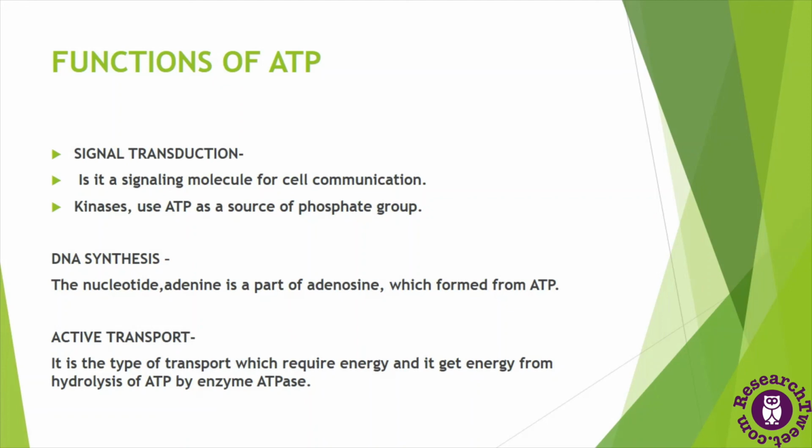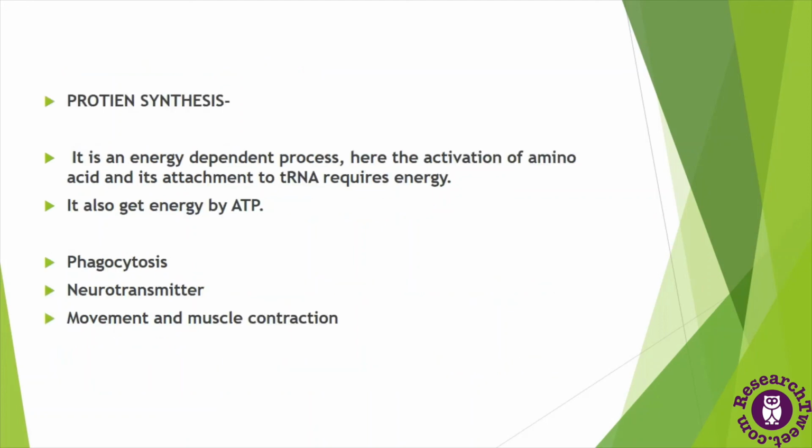The ATP also helps in active transport because active transport requires energy and it gets energy from the hydrolysis of ATP by the enzyme ATPase, which is found in transmembrane proteins of our plasma membrane. The ATP also helps in protein synthesis because the process of protein synthesis or translation is also an energy dependent process and it needs energy for the activation of amino acids and for their attachment to the transfer RNA, and they get energy from ATP.